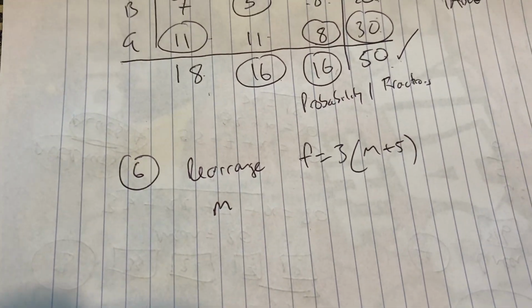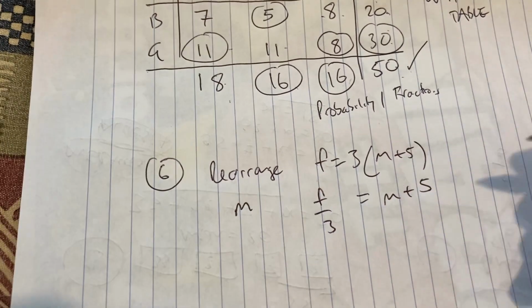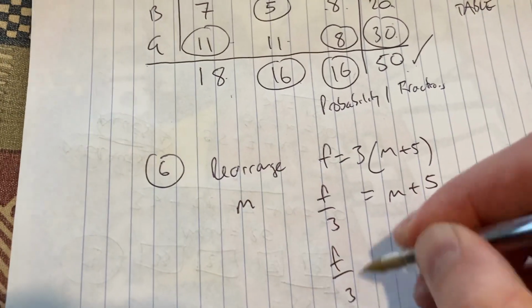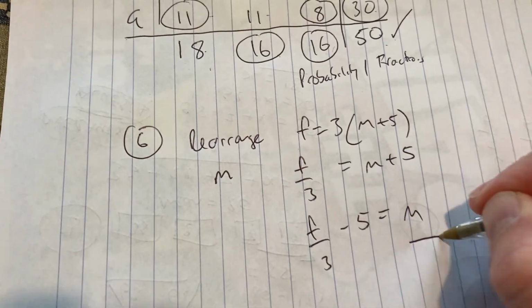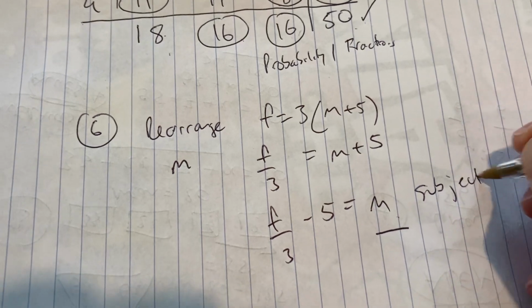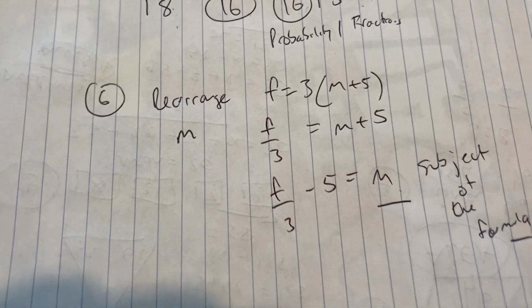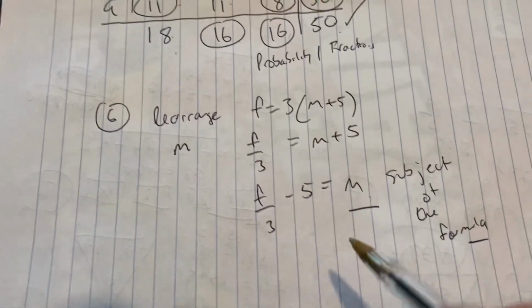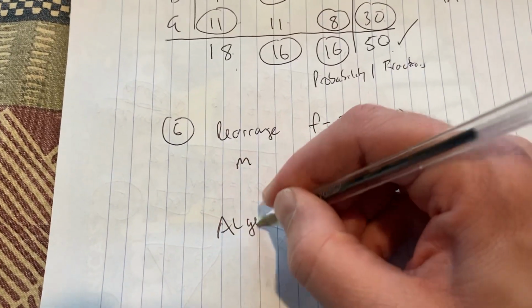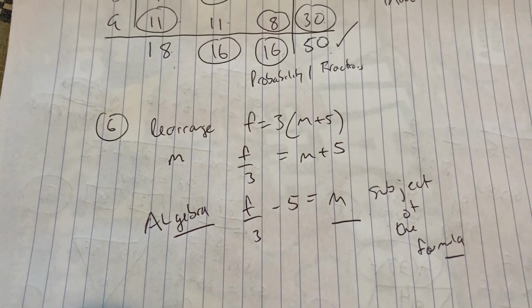So it's like solving for M. I'm going to divide by 3, can drop the brackets, and then I'm going to subtract 5. And there's M on its own as the subject of the formula. Okay, so that's algebra as a main topic, but rearranging or subject of the formula as the topic there.